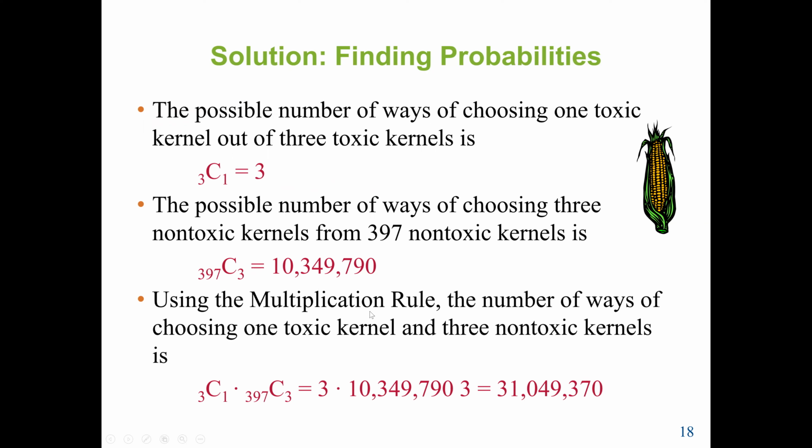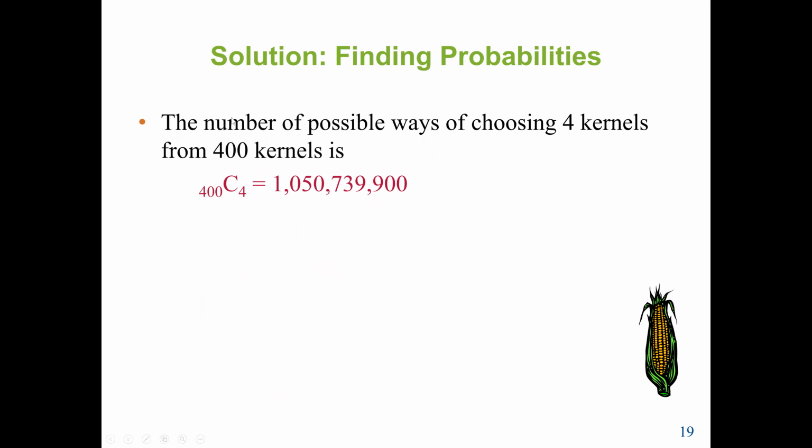Now, using the multiplication rule, we can find the number of ways of choosing 1 toxic kernel and 3 non-toxic kernels. We multiply the combination of 3 choose 1 and the combination of 397 choose 3. Now, the number of possible ways of choosing 4 kernels from the whole 400 kernels will be the combination of 400 choose 4, and that will give us 1,050,739,900.